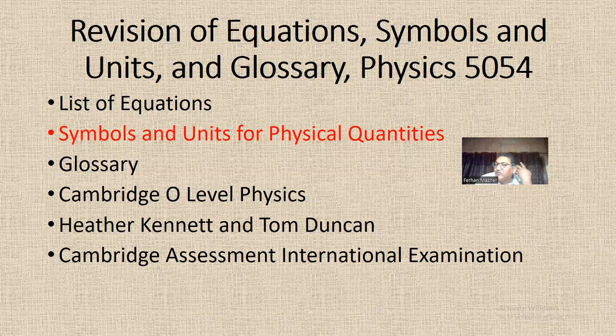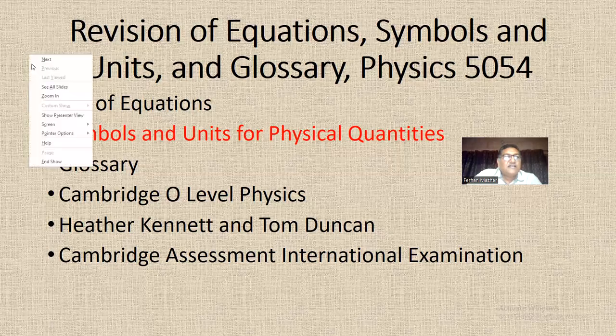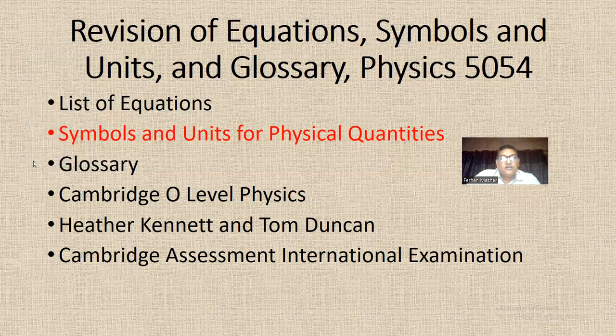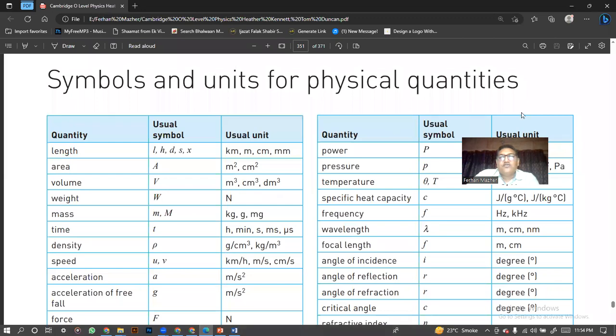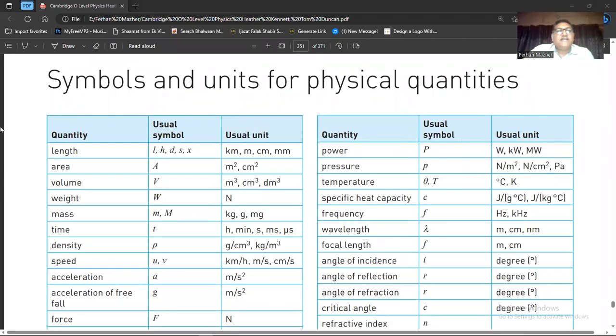So in this video, we are going to work on the symbols and the units for the physical quantities. So let's go to that. Okay, so here we have the symbols and units for the physical quantities.